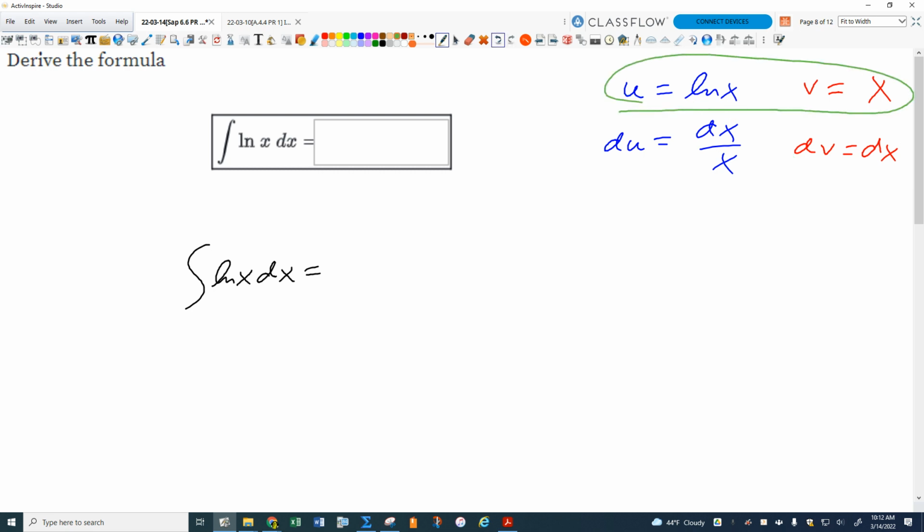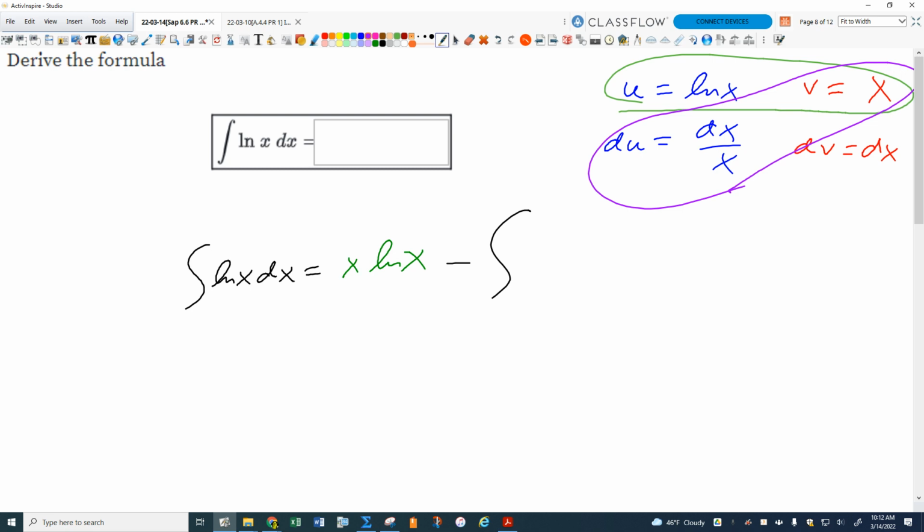There's uv, so I just get x log x minus the integral of v du, which is x times dx over x.